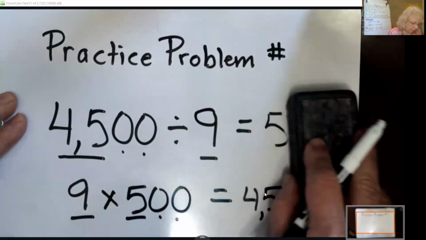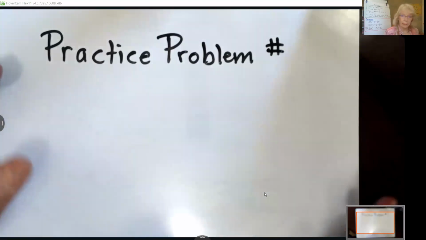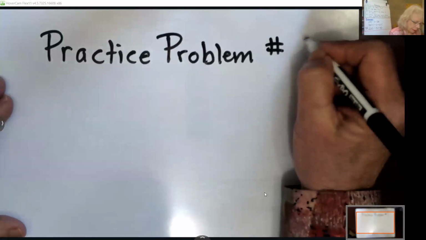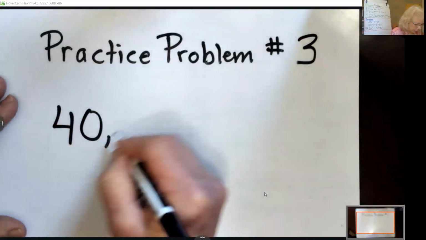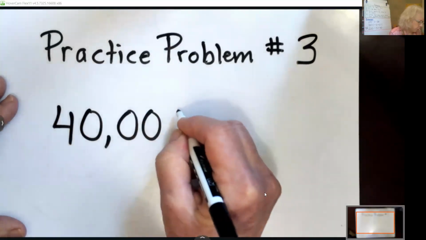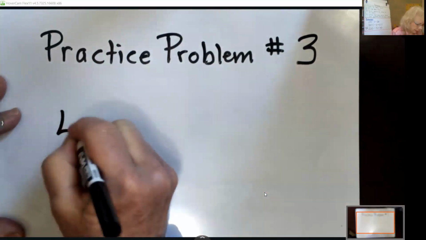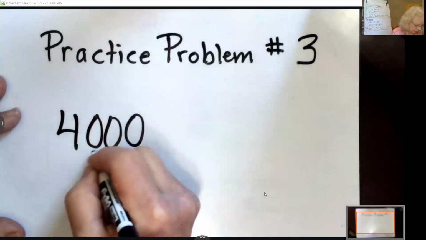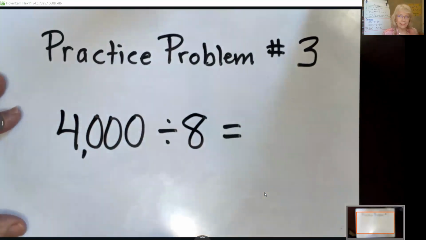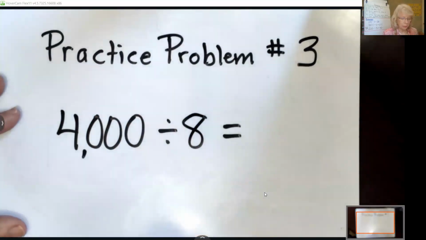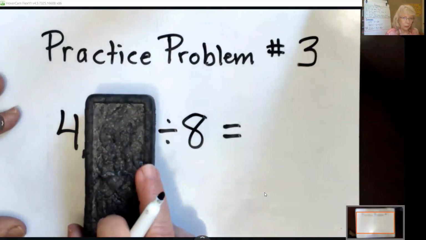Okay, practice problem number 3. There's a total of 5 practice problems, by the way. Practice problem number 3 is a little bit tricky. So we have 4,000 divided by 8 equals what? So this is one of those tricky ones because you can't take 4 divided by 8 and get a whole number.